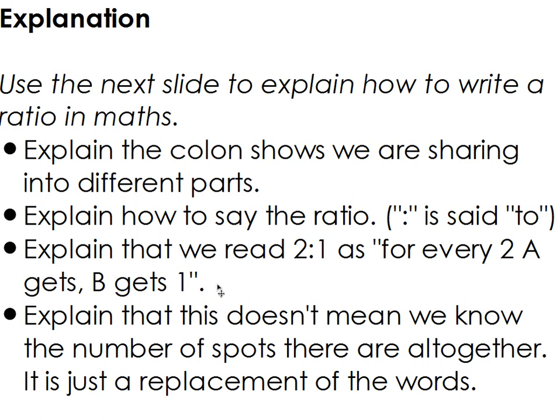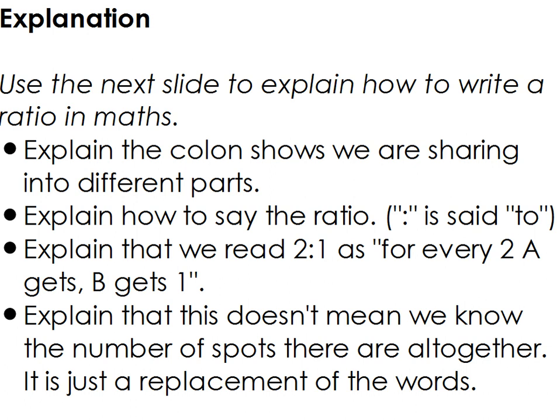And next time I meet a ratio with them, that'd be next lesson, I'd be getting them to say that out in words so that we remember that, and it's a visual clue for them that we've got 2 in one box and 1 in the next box. Explain this doesn't mean we know the total number of spots. It just means we know that for every 2 we get here, we get 1 over here.